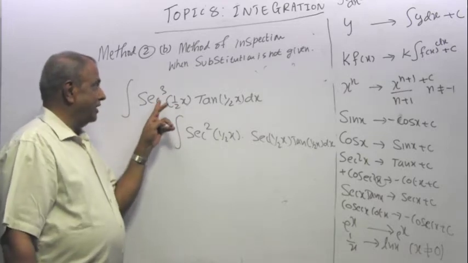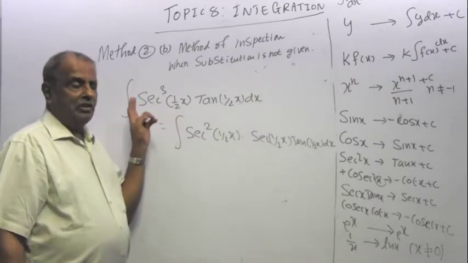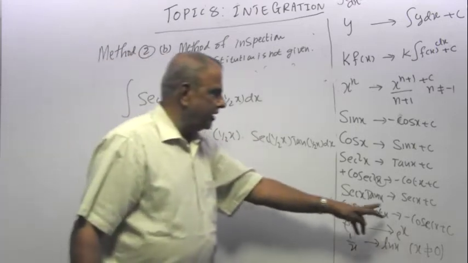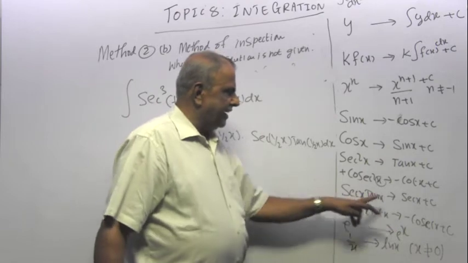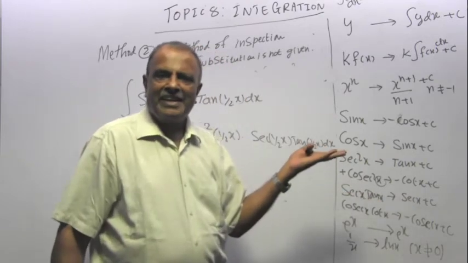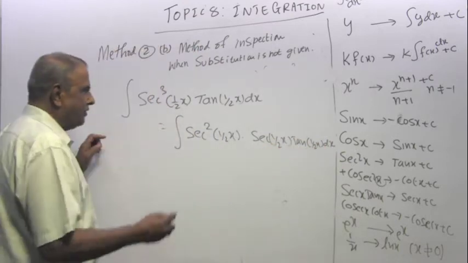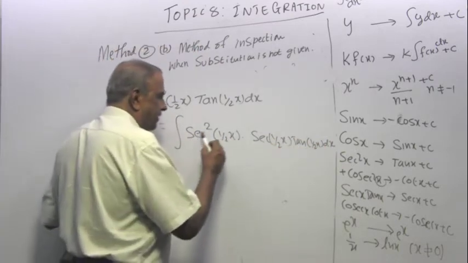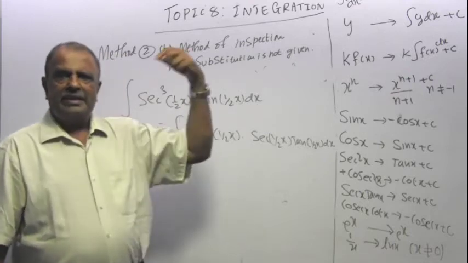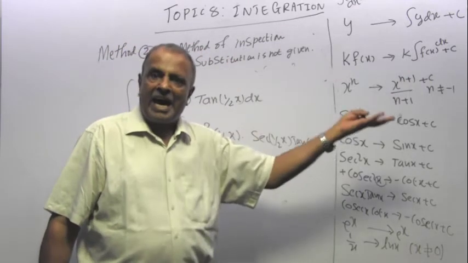Because when the more complicated one is a sec, when you differentiate a sec, you get sec tan. Don't go back to the formula above. Look at this. When you integrate sec tan, you get sec. So when you differentiate sec, you get sec tan. What do you get when you differentiate sec half x? I get sec half x, tan half x, and a half.